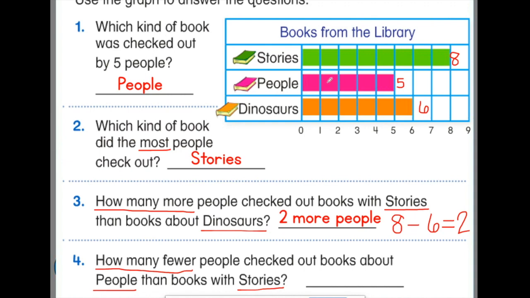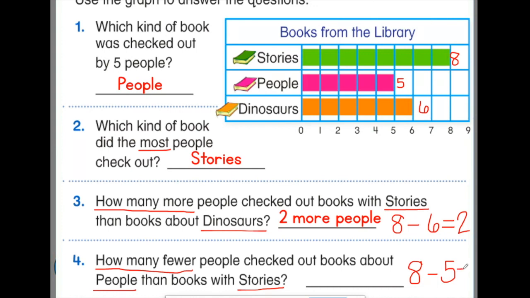So we know the people books got 5 votes, and the storybooks got 8 votes. However, you need to always, always, always remember that when we are subtracting, we always start with the bigger number. I cannot do 5 minus 8. So I need to do the opposite and do 8 first, and then subtract 5.